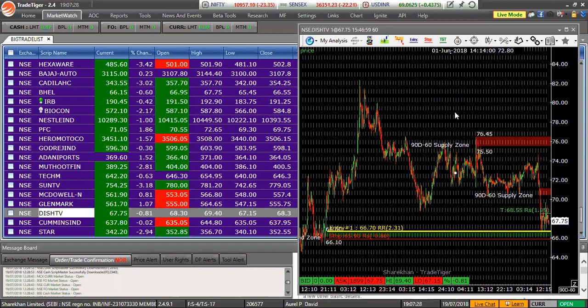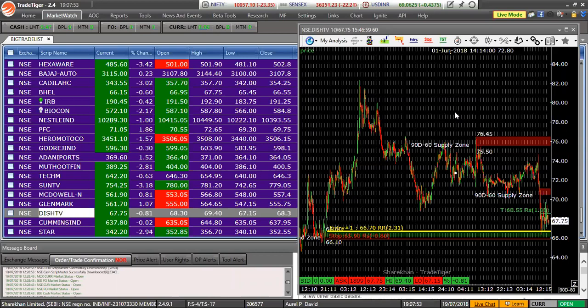The reason is that in India we have markets open from 9:15 to 3:30. That's a little over 5.5 hours. So if you're going to use a 60-minute chart, then every day the last candle would have a duration of only 15 minutes.